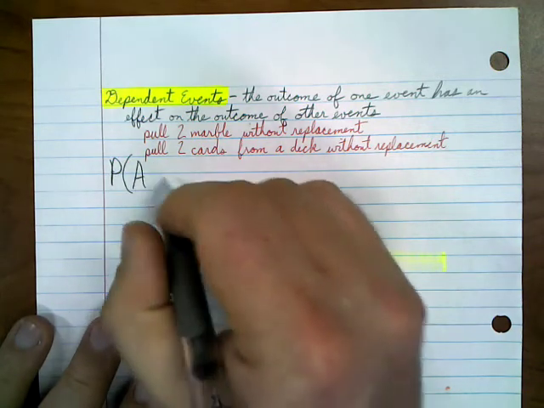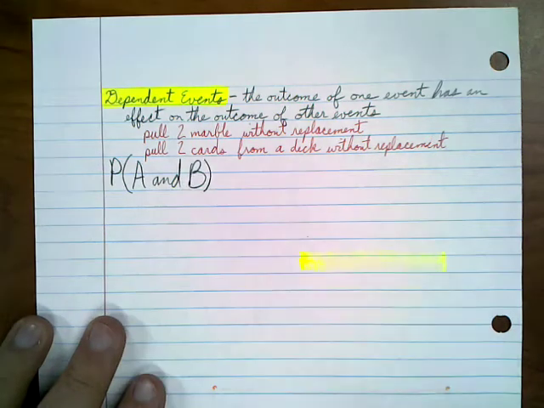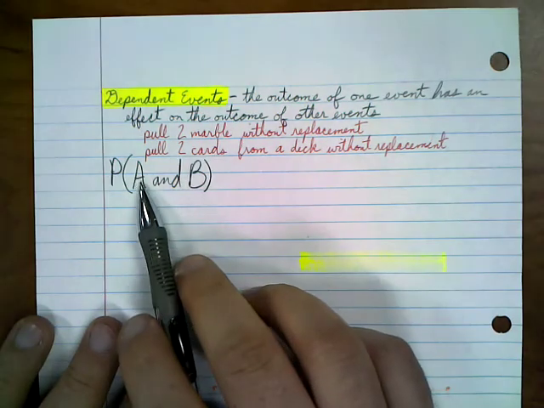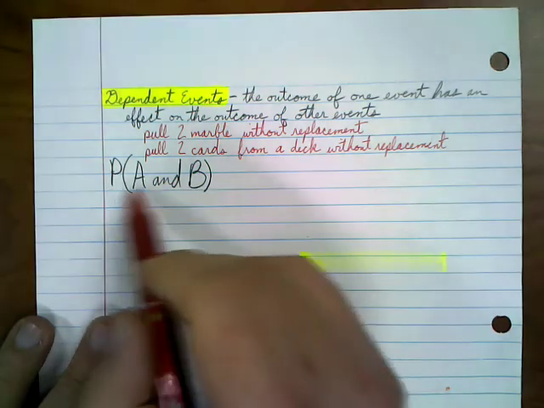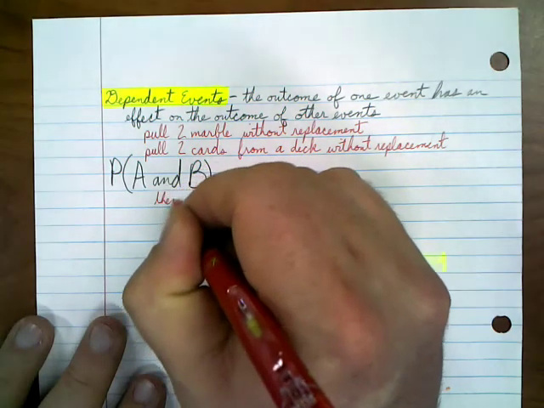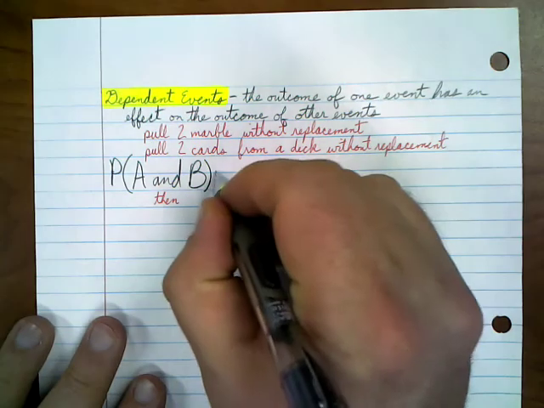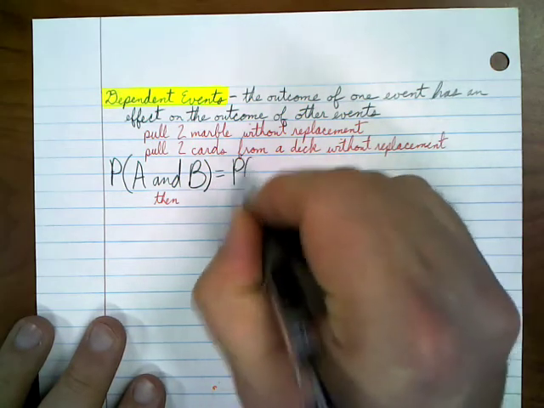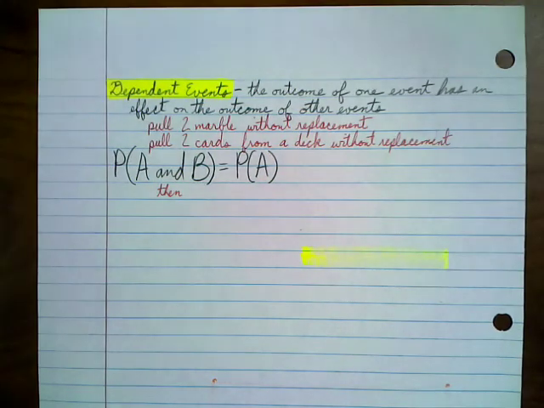So the probability of A and B. Remember, there's an assumption here that this is happening first, followed by this. So we could almost say the probability of A, then B. Well, this is going to be simple for the first part, because the probability of A is the first thing happening, so it's just your plain simple probability like it always has been.